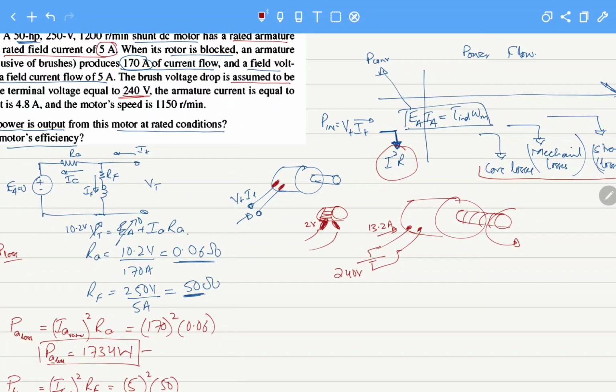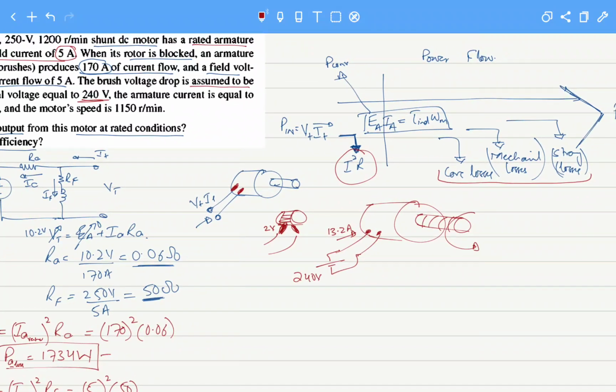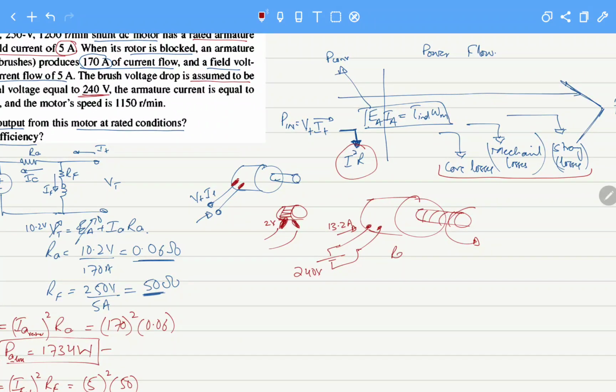So why is it drawing that much current when the motor has no load connected to it? Actually this current being absorbed by the motor is to overcome its rotational mechanical losses and also the core losses that exist in its core due to eddy current and hysteresis losses.